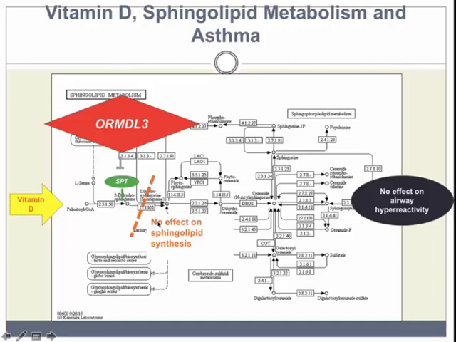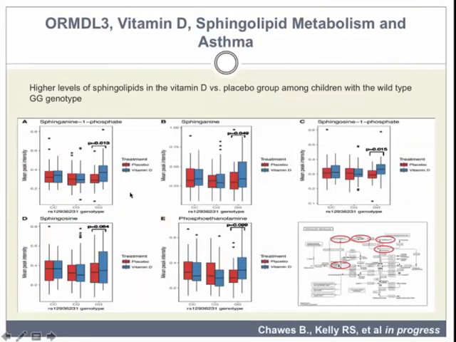And one of the interesting things is when we looked at this more carefully in this slide, we actually looked at metabolites in the downstream pathway according to risk genotype. And the only thing I really want you to see here is the GG groups.